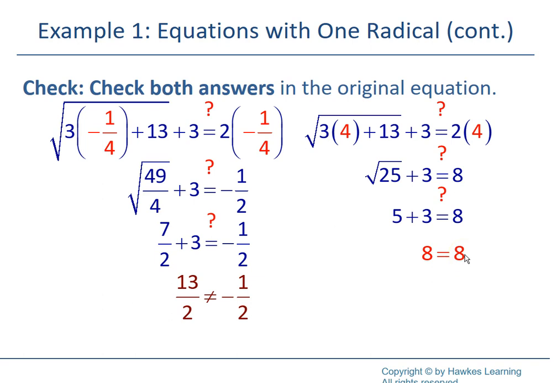But the 4 does. And this is the nature of working with equations that have radicals in them. By squaring things, we sometimes develop what are called extraneous roots, or solutions that aren't really solutions. So here it becomes very critical to check your work.